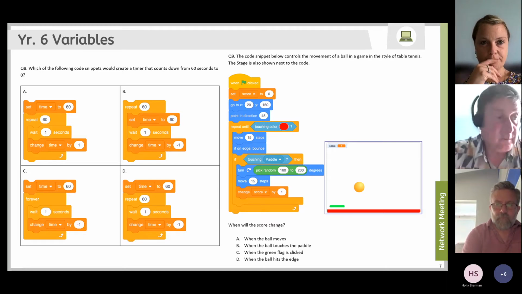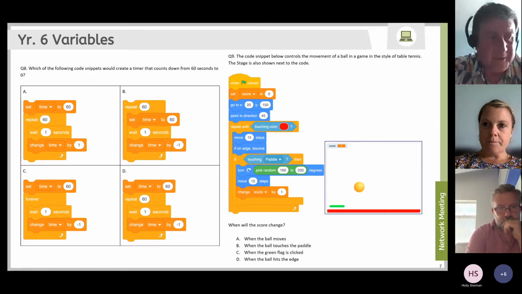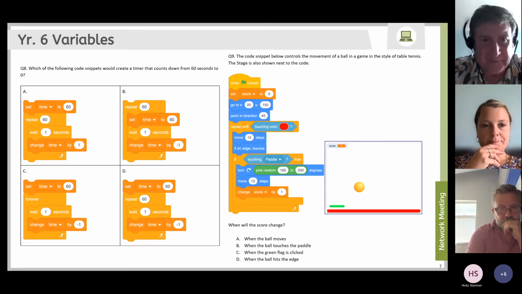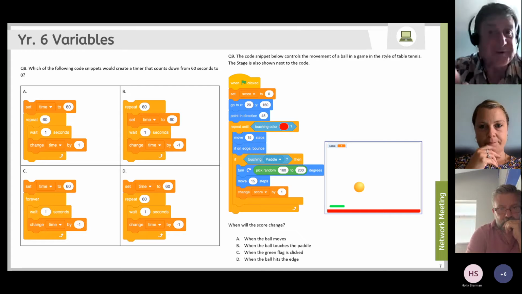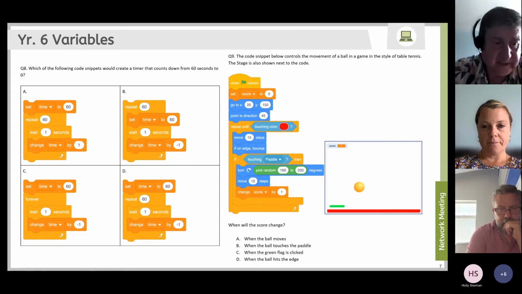Yeah, I think all those are useful formative assessment pieces, aren't they? And then you've got this summative assessment activity here. If you've taught that unit, it will be a useful thing to start building in.